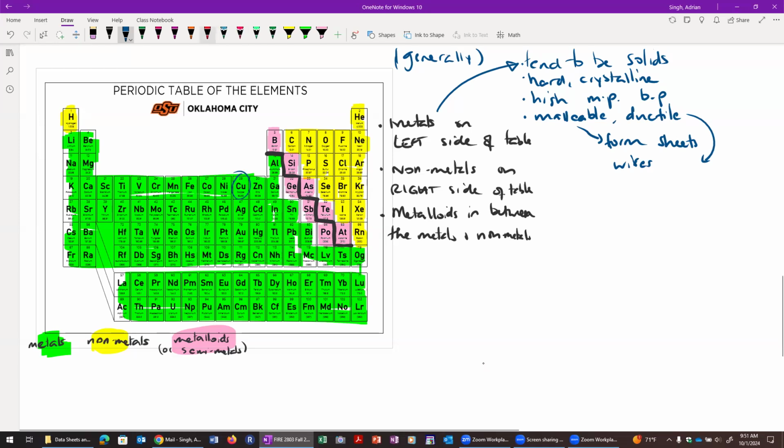Your non-metals usually have characteristics that are a little bit opposite to those. Your non-metals can be in any of the physical states, all three: solids, liquids, gases. They also generally tend to have lower melting points and boiling points compared to metals.